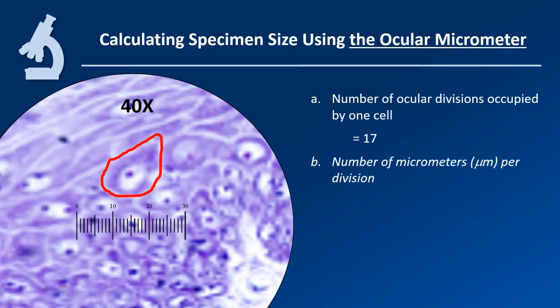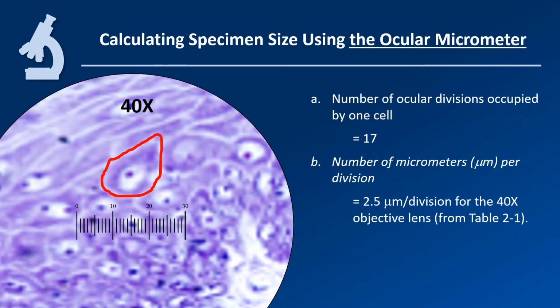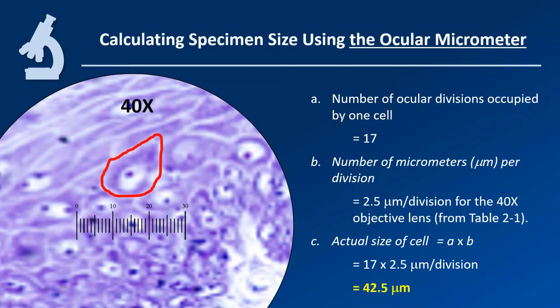The number of micrometers per division for the 40 times is, just like the last example, 2.5 micrometers per division. So we multiply those two numbers: 17 times 2.5 micrometers per division is 42.5 micrometers. That's matching up really well with the number that we calculated before using the proportion of field. So again, it's good to see that our numbers do add up.